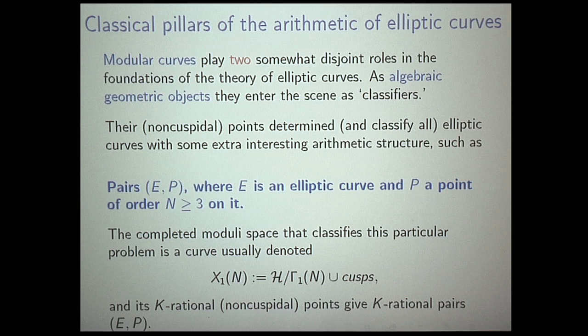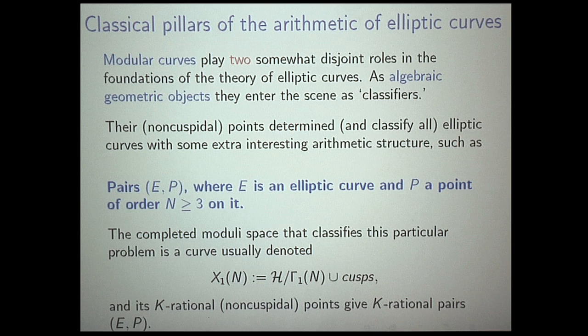And their points, or most of their points, determine elliptic curves with some extra interesting arithmetic structure, such as you might want to consider pairs of elliptic curves with a point of a fixed order n. N is fixed. You might want to consider those pairs.